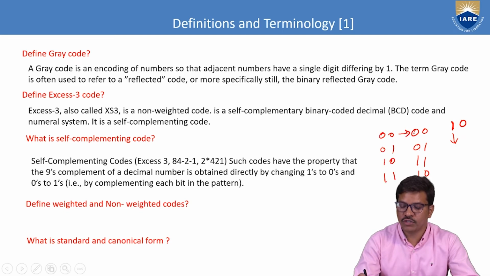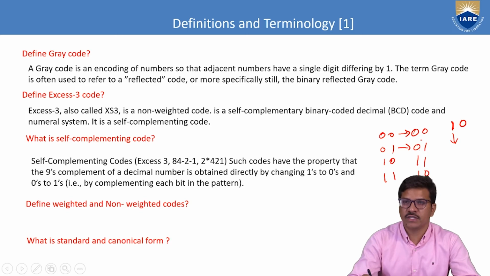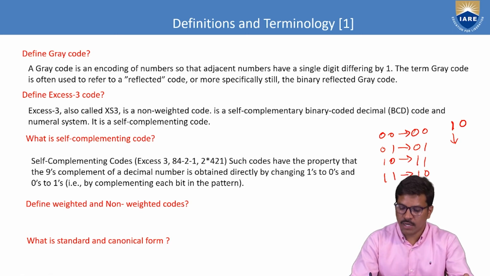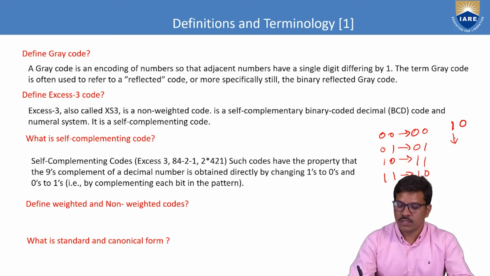The gray code of 0 0 is 0 0. Gray code of 0 1 is 0 1. Gray code of 1 0 is 1 1. And the gray code of 1 1 is 1 0. So here the MS bit is taken as it is, and the XOR operation of the remaining bits gives the next bit.